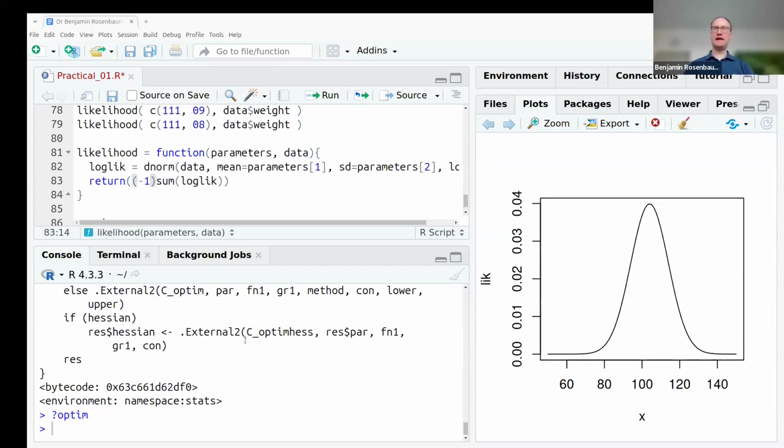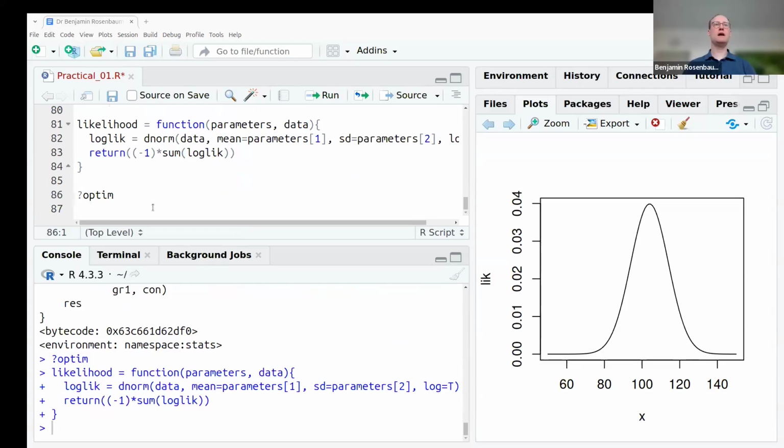Right, so by flipping the sign, this hump-shaped function becomes a U-shaped function, and wherever the minimum of this U-shaped function is located is the same as the maximum of the original function. So this is just for mathematical convention. This is called the negative log likelihood function, and we want to use this for optimization.